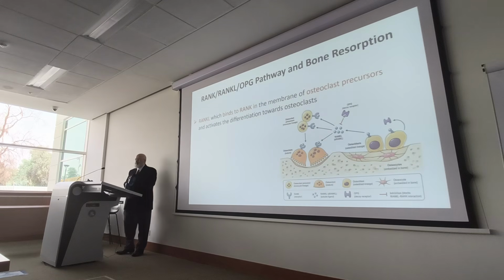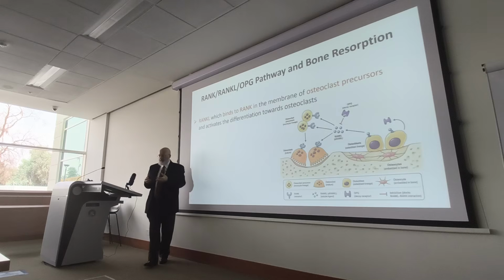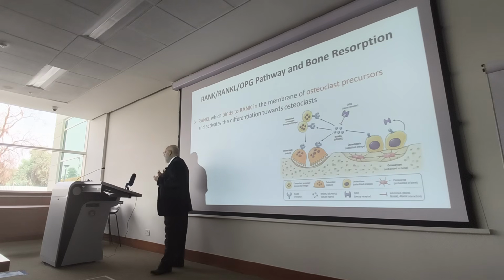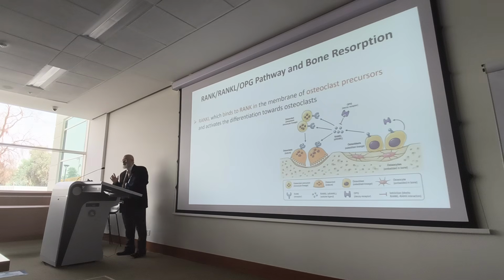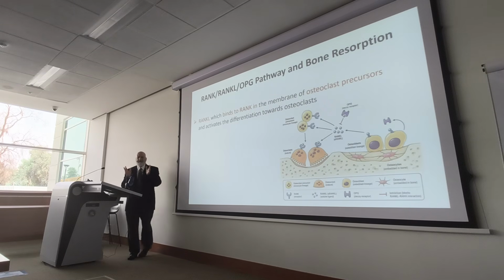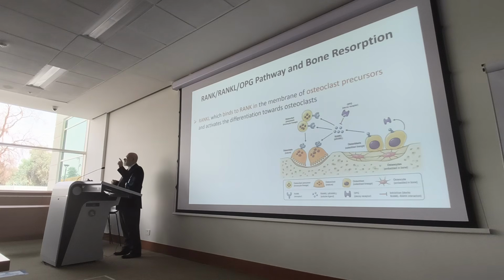So how does the remodeling happen? Now we get a signal that the osteoclast needs to break the bone. So it's actually the osteoblast that will be releasing the ligand, the signal, to the osteoclast to then resorb the bone.